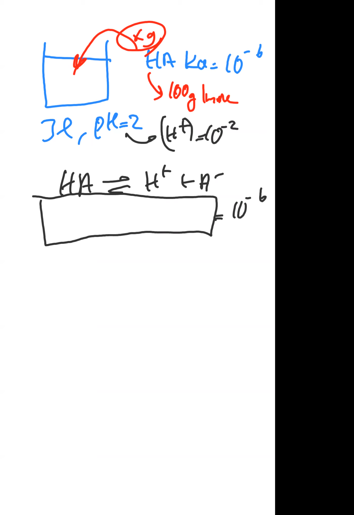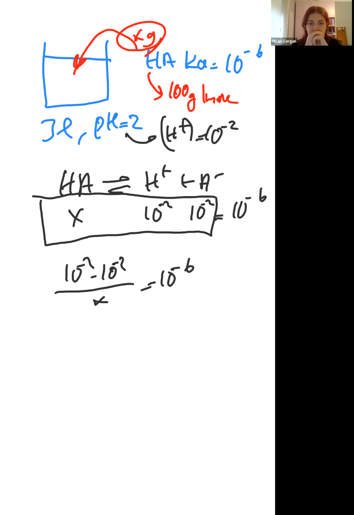And it's obvious that the A minus ion concentration should be the same. Then we can use the Ka value to find what the initial concentration of HA is. Let's check: 10 to minus 2 times 10 to minus 2 divided by X will yield this. Then X will be something 10 to minus 2.